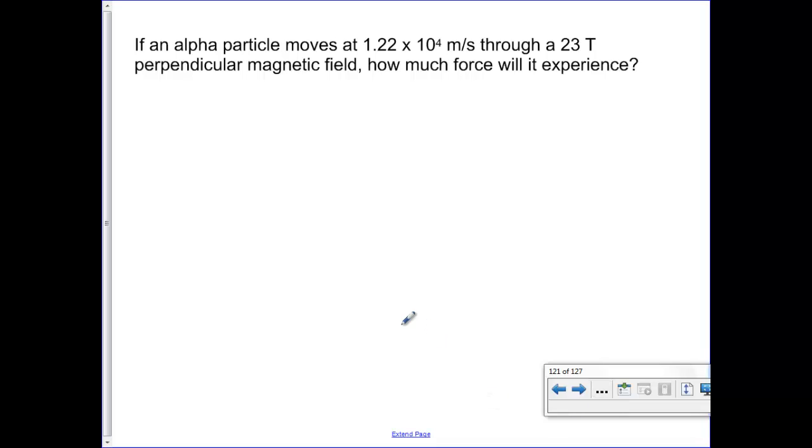So let's just say you have just a particle going through a field. How much force will it experience? So this is the other formula. A magnetic force is equal to the charge of your particle times the velocity of the particle times your field strength. So an alpha particle is 2 of the elementary charge.